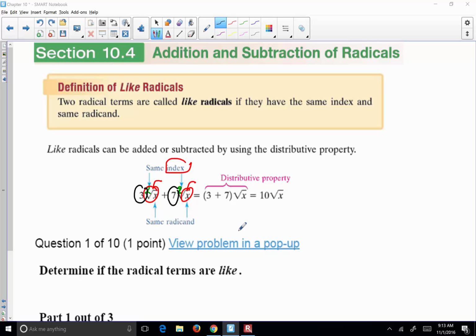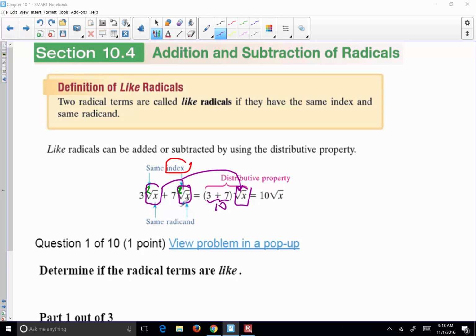But this property is technically called the distributive property. You are kind of factoring this out. You pull that prison out of these numbers and join those numbers in front. 3 and 7 makes 10. Can you follow? Makes sense?